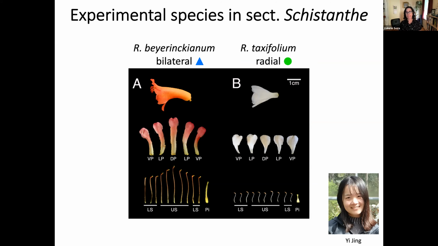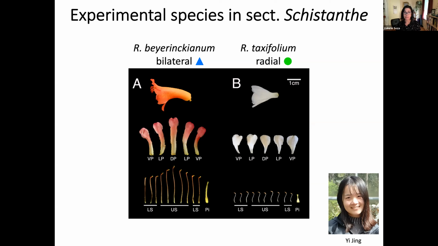Bayerinkianum represents bilateral symmetry because if you look at the side view, its corolla tube is curved. And this curvature is due to the petals that are dissected below being different lengths. So you have the uppermost petal, the dorsal petal, the longest, then the lateral petals, and then the ventral petals on the lower part of the flower being the shortest.